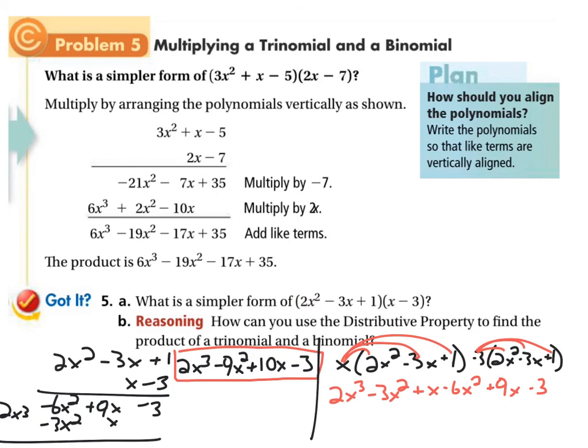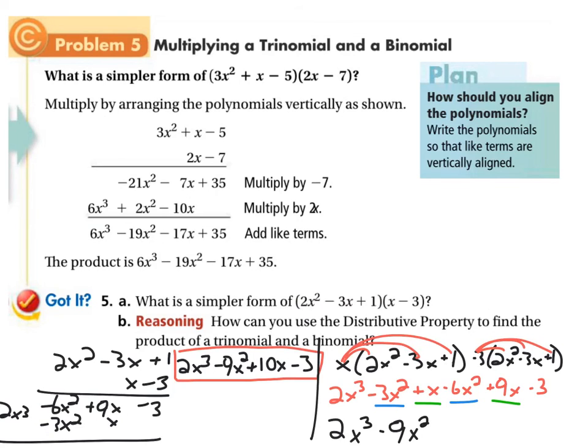Okay, now what are the like terms? Well, we've got x squared terms here and here, and we've got x terms here and here. So if we were going to write them in descending order, the x cubed term would come first. We'd have 2x cubed. Underlined in blue are the x squared terms. Negative 3x squared and negative 6x squared is negative 9x squared.